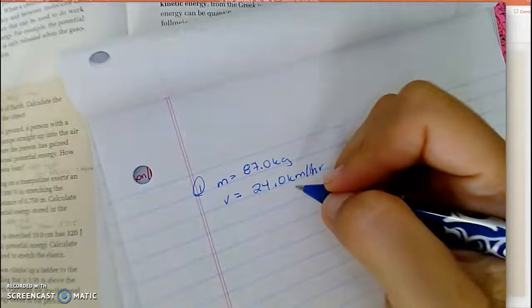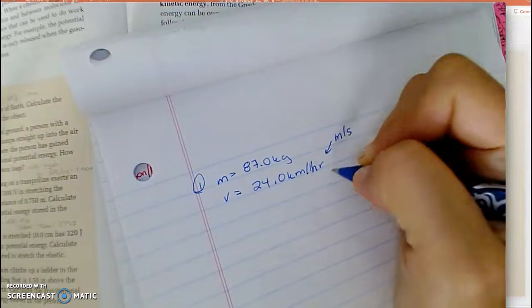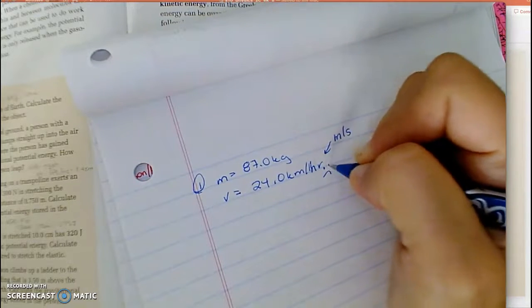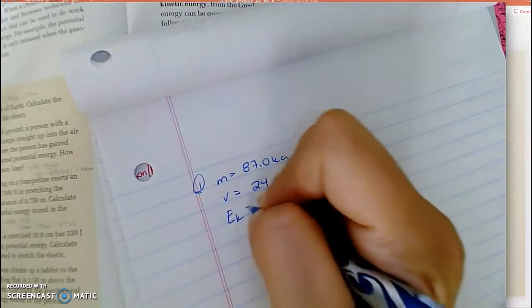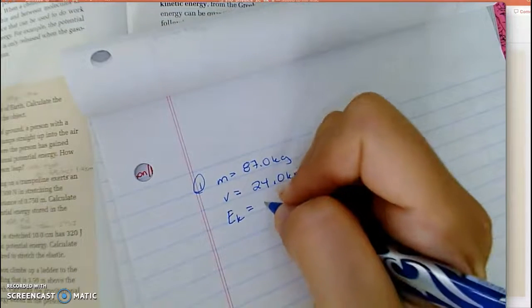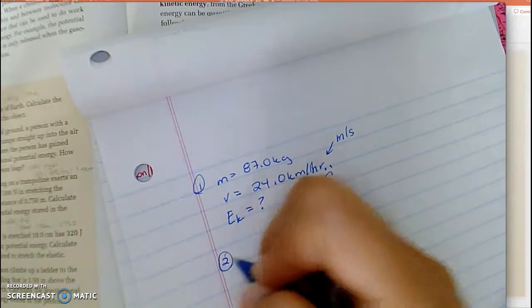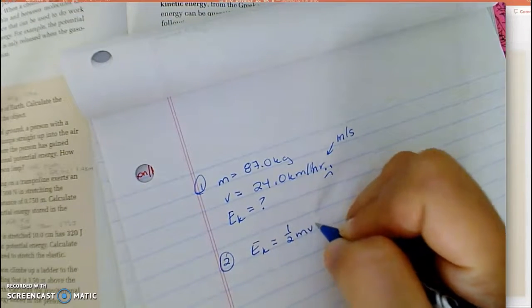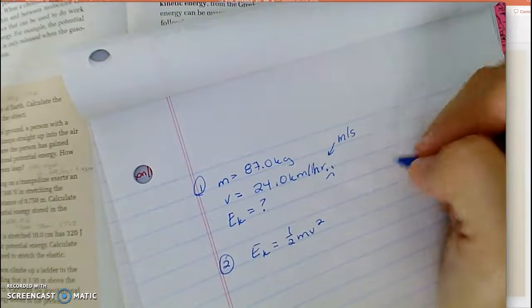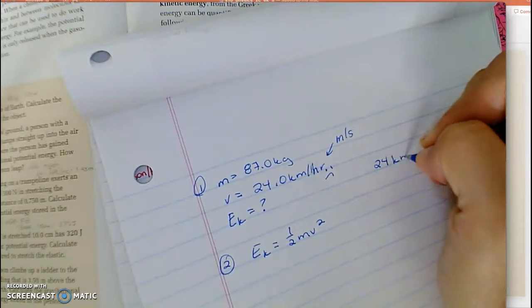So let's turn that into meters per second, because we don't like it in kilometers per hour when we're doing potential energy and kinetic energy. It doesn't really matter when you put your formula, as long as you do. So let's figure out how many meters per second that is.